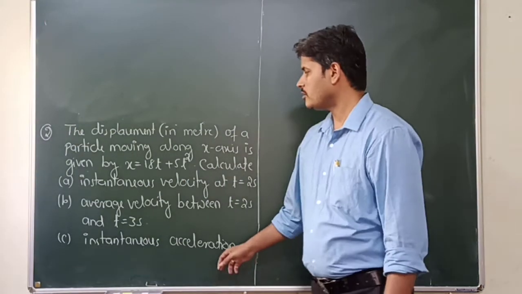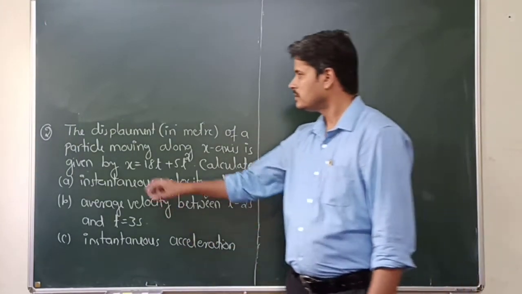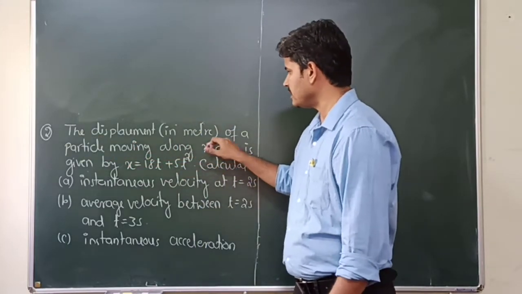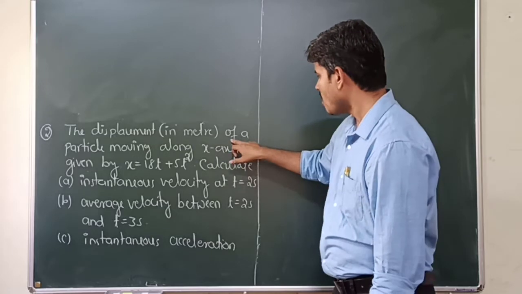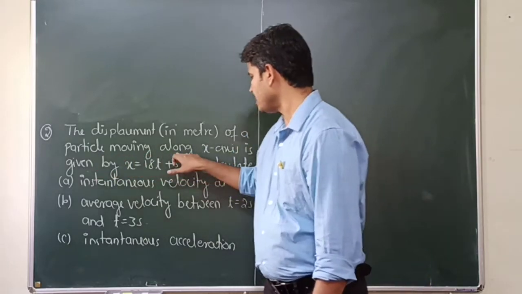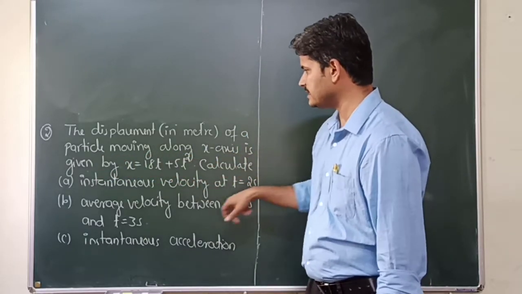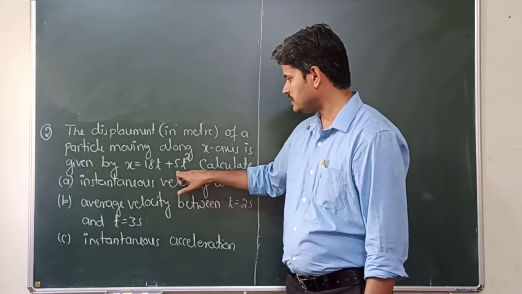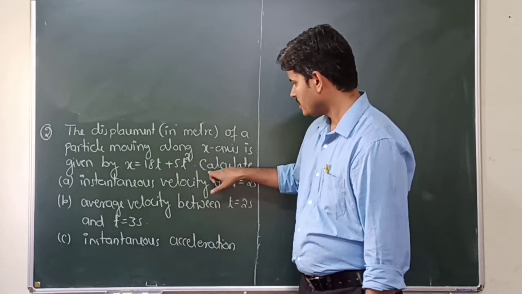Okay. Now look at the second problem here. The displacement, given in terms of meter, of a particle moving along the x-axis is given by x equal to 18t plus 5t square.